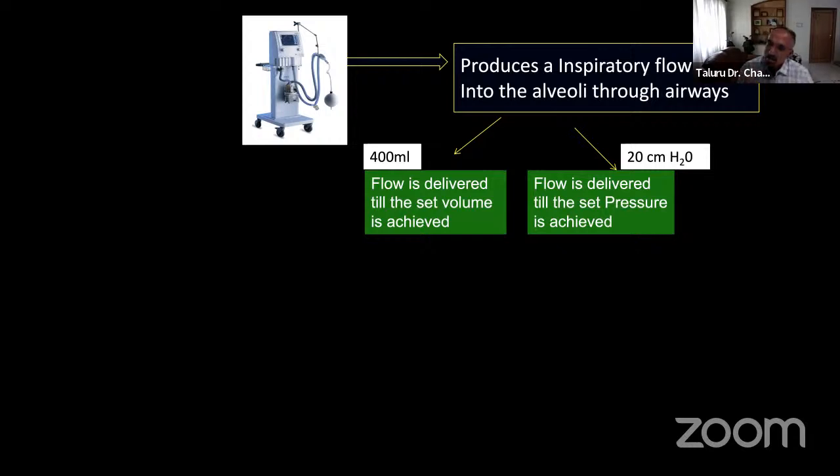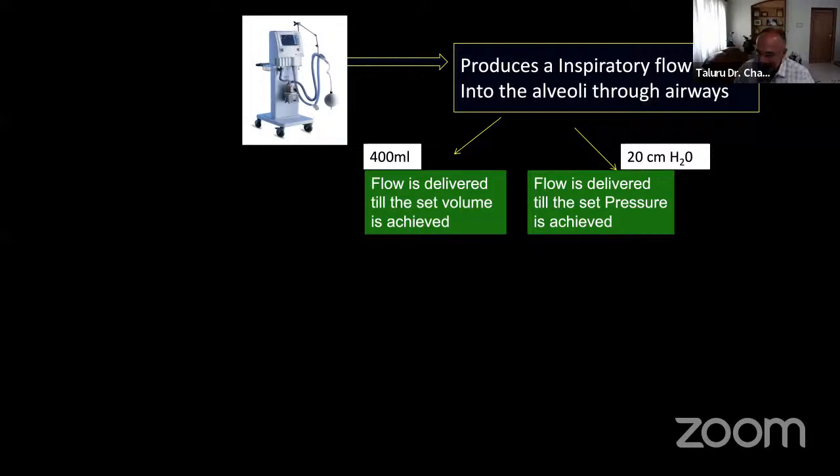So the ventilator will produce a flow, and once the pressure of 20 centimeters is sensed in the circuit, the flow will stop. So when we talk about volume limited or pressure limited ventilation, don't think there is no flow. There is flow, but we have given the ventilator a target, here the volume target, there the pressure target.